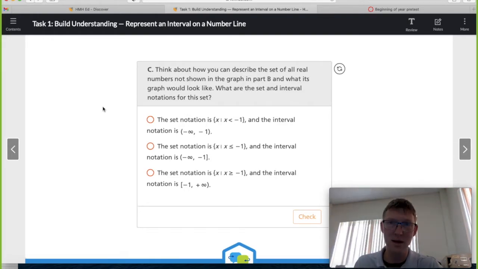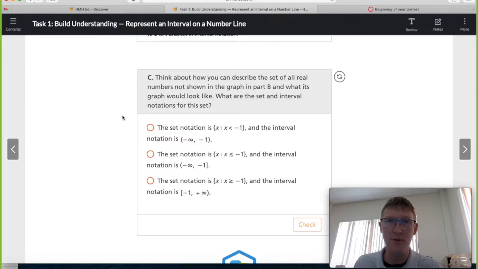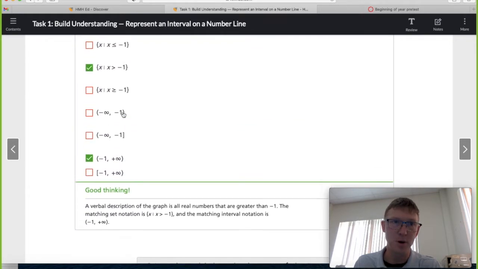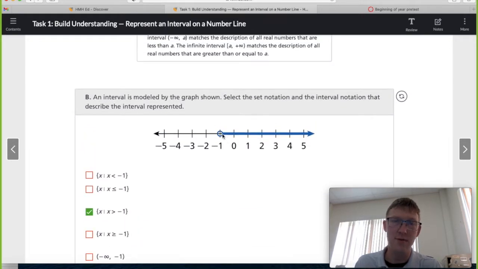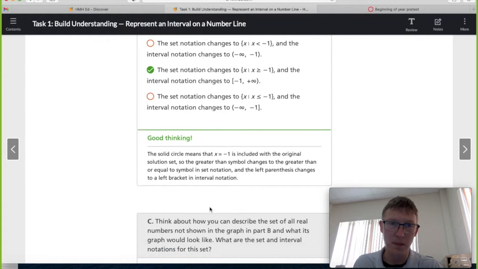Think about how you can describe the set of all real numbers not shown in the graph in part B, and what its graph would look like. Part B graph, so the exact opposite of this. So it would include -1 and go to -infinity.